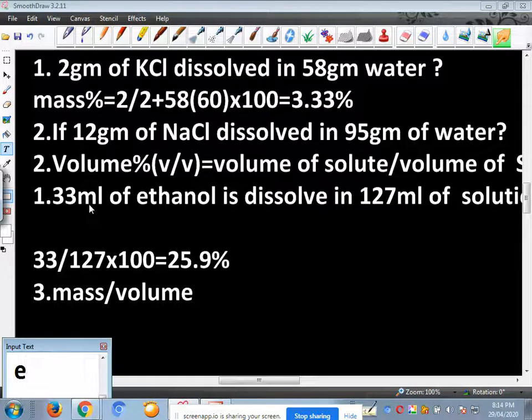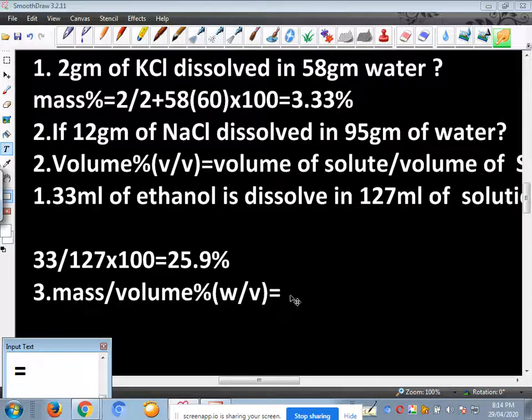So the third type is mass by volume percentage. Mass is given by W and volume by V, so that is W by V, right? In earlier cases there was directly mass and volume. Now we are taking mass by volume.